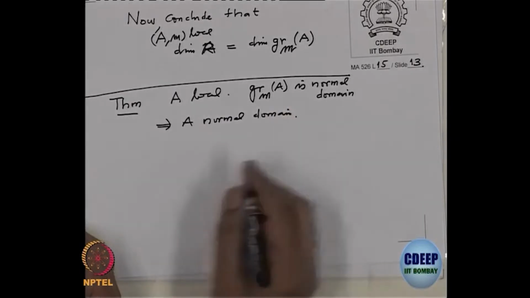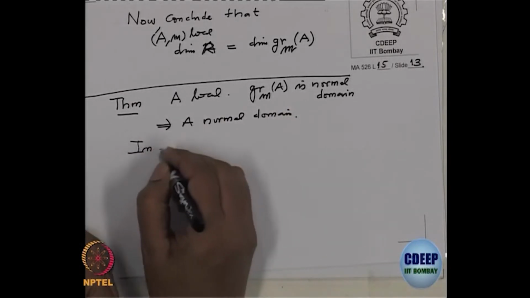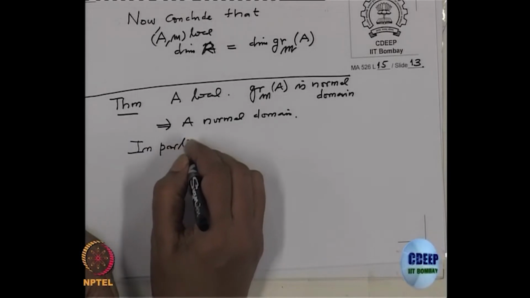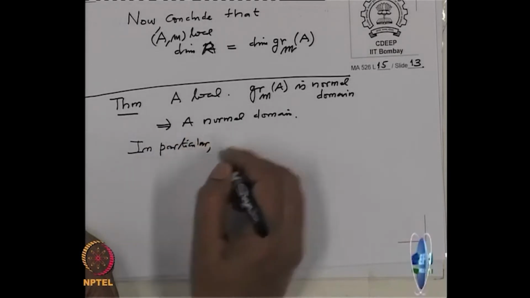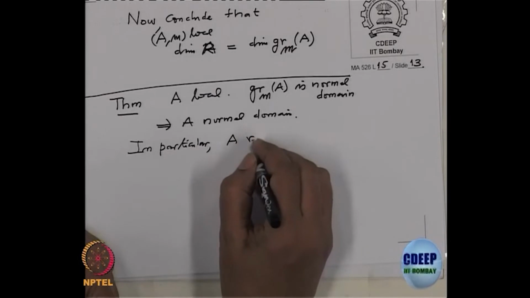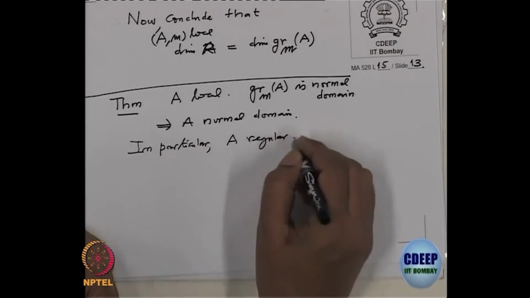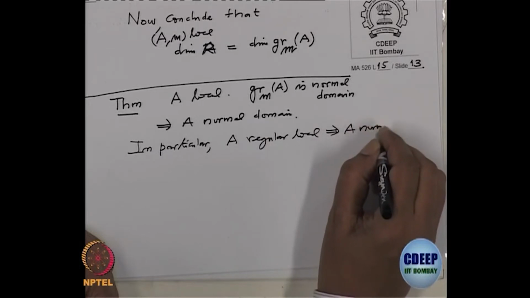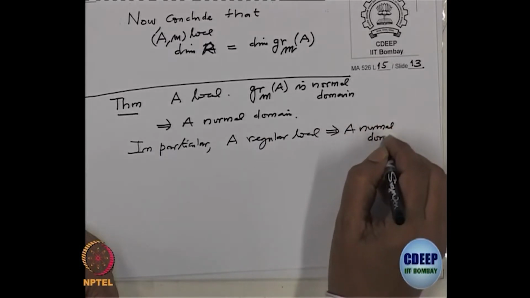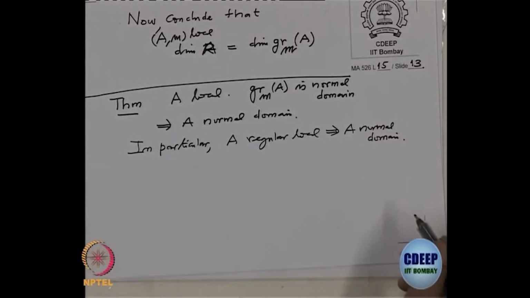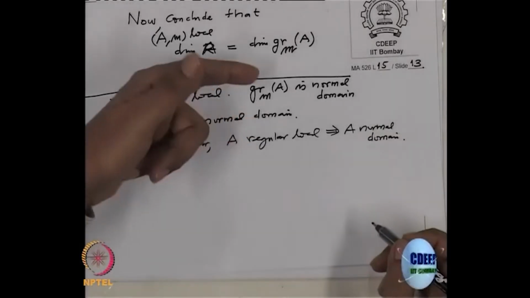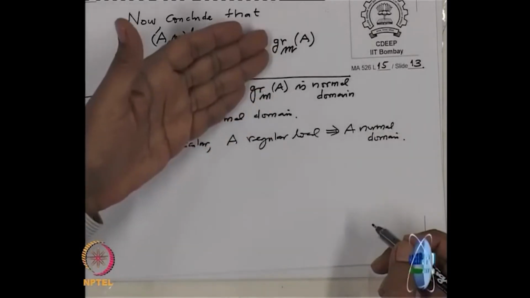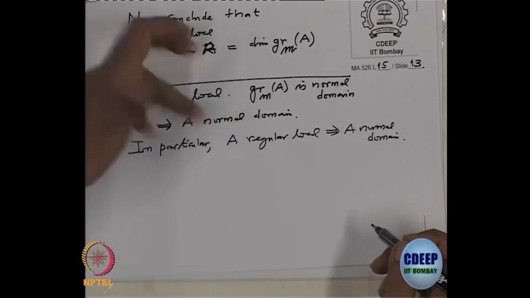In particular, regular local rings are normal. A regular local ring implies A normal. Because we have seen that regular means the graded ring is a polynomial ring, therefore polynomial ring is normal, therefore A is normal.